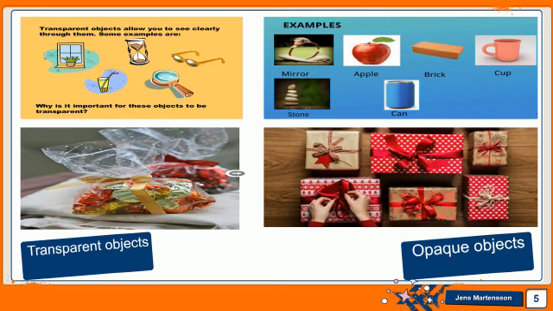Now we will see some examples of opaque objects like mirror, stone, apple, brick, cup and can. Same like that, here are some presents, but we cannot see what is inside them. So we cannot see through the opaque objects at all.